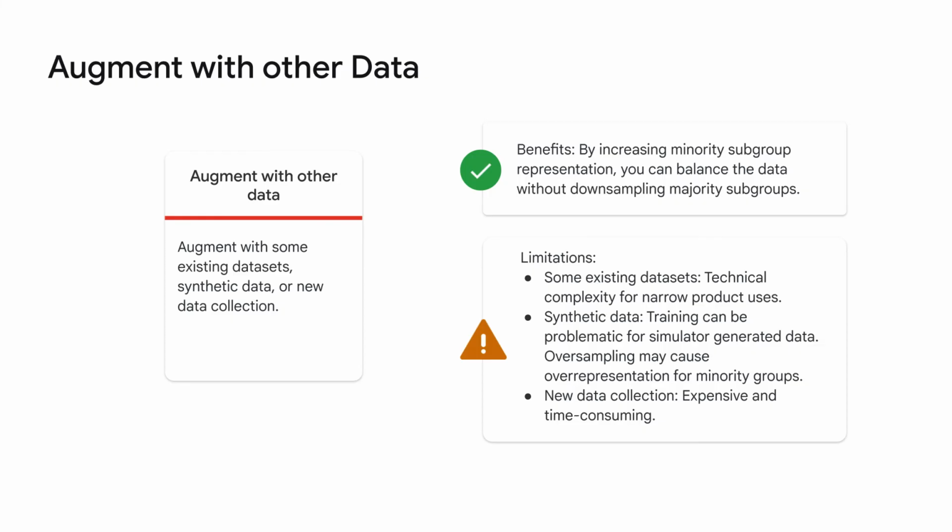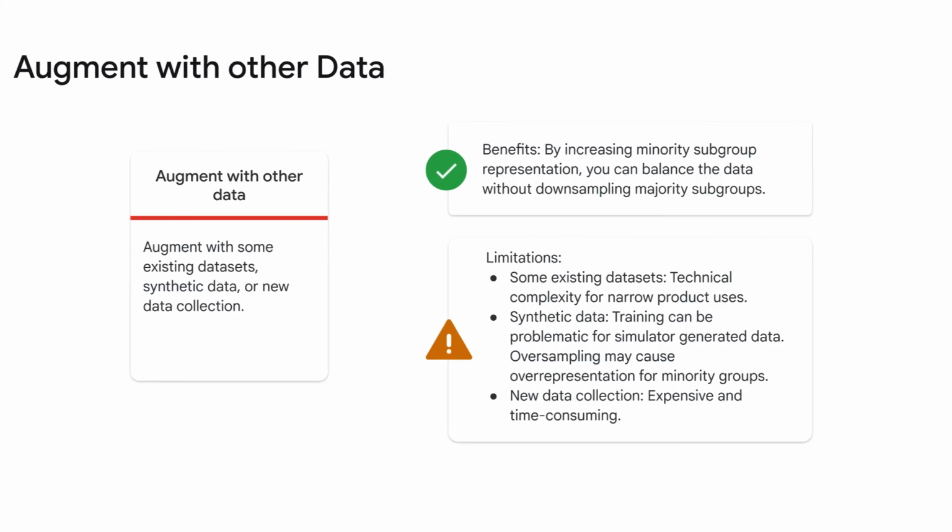For example, it's important to pay attention to whether a trained model is treating synthetic images differently from natural images in order to ensure the model doesn't cheat by simply changing scores for synthetic images. And oversampling might cause overrepresentation for the minority group, like upsampling.